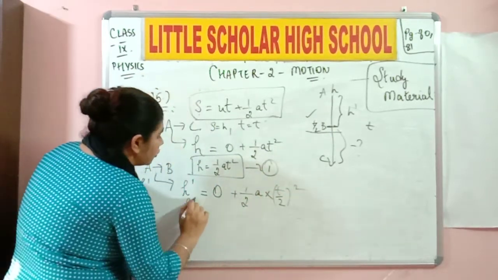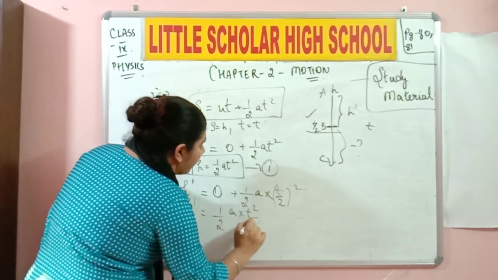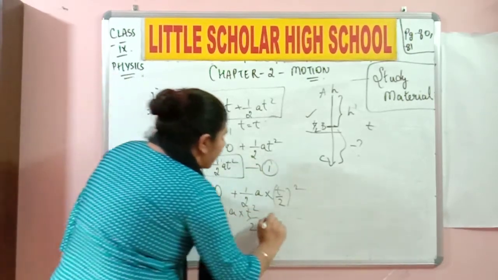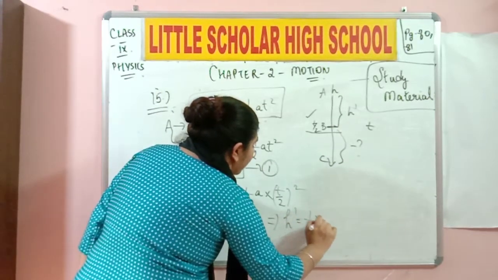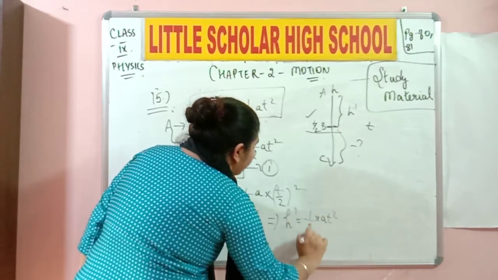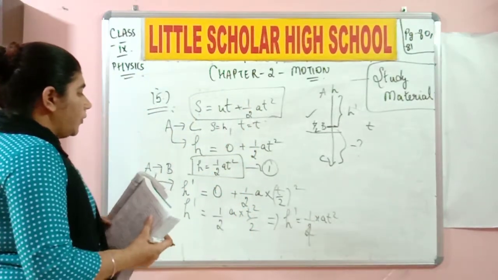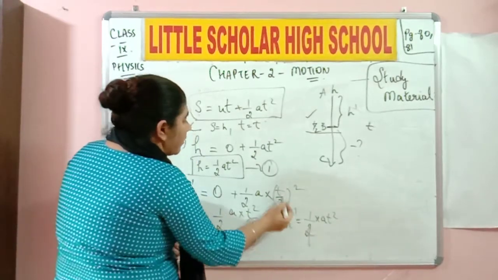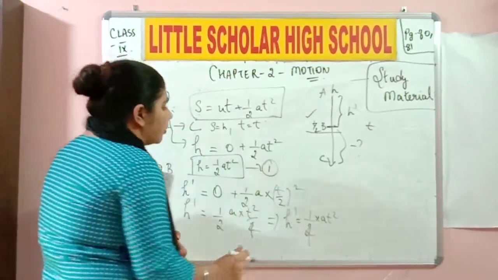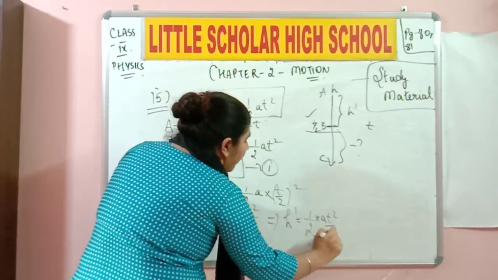So h dash is equal to half into a into t square by 4. This should be t square by 4, class, because it is t by 2 the whole square, right? So here it is half into at square by 4.